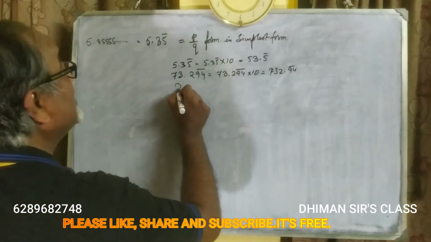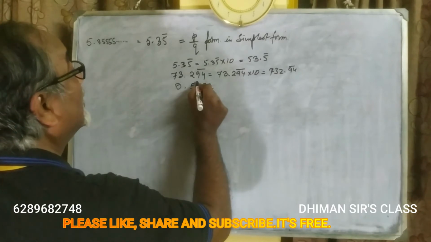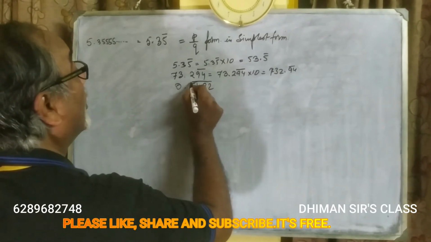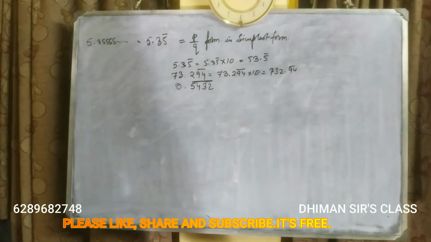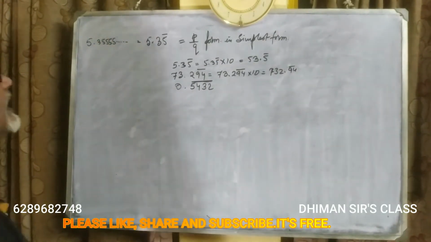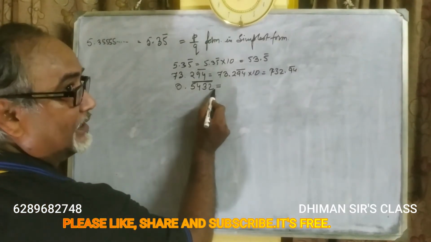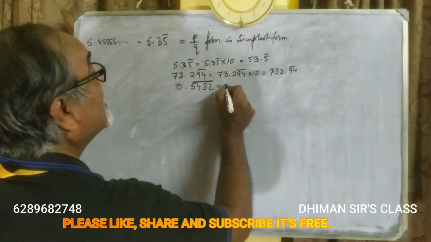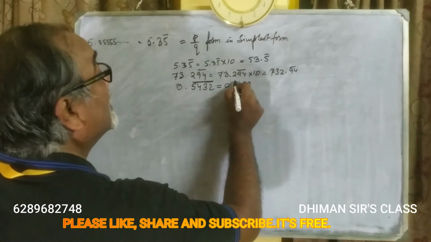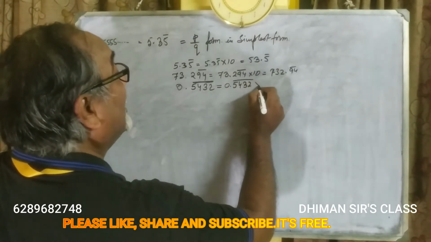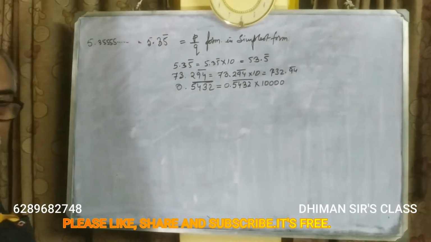Now if I say 0.5432, all 4 digits are having a bar on it, then in that case what to do? Simply, if we bring this decimal here, what will happen? 0.5432 bar into 10000.